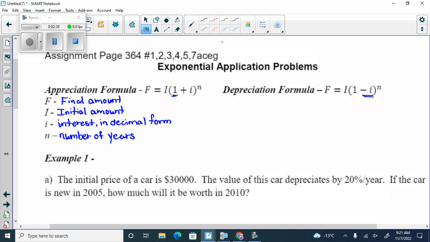So if it was decreasing by 20%, I would actually have 0.8 in this bracket, because I'd have 80% of it left. If it was decreasing by 30%, I'd have 100 minus 30, so I'd have 70% left of the original population, right? So if the value in this bracket is between 0 and 1, it's decreasing, correct?